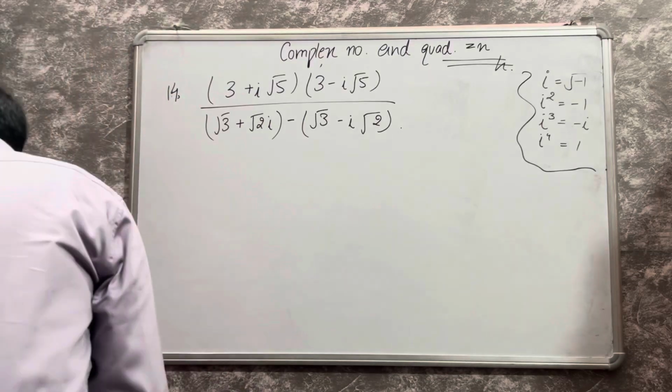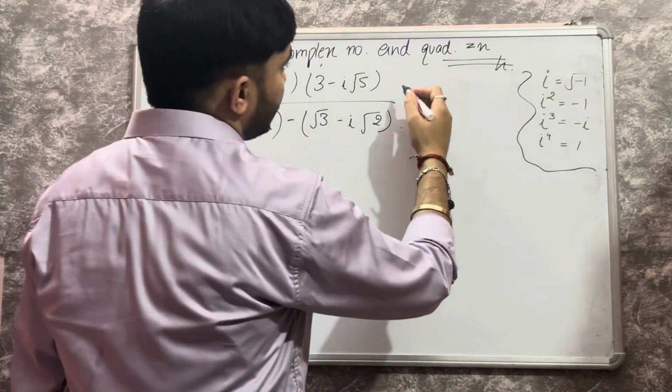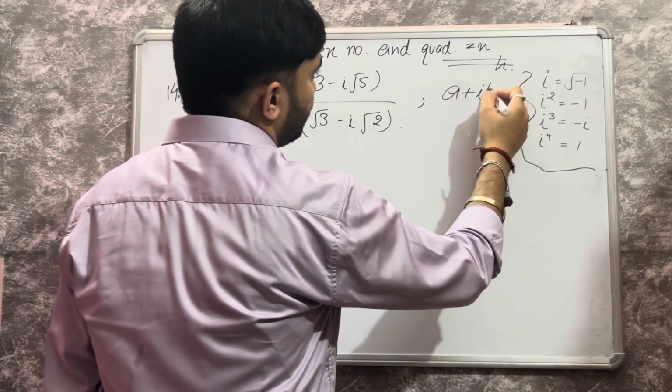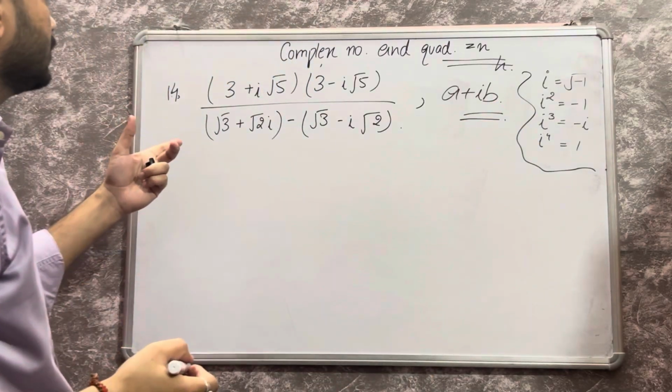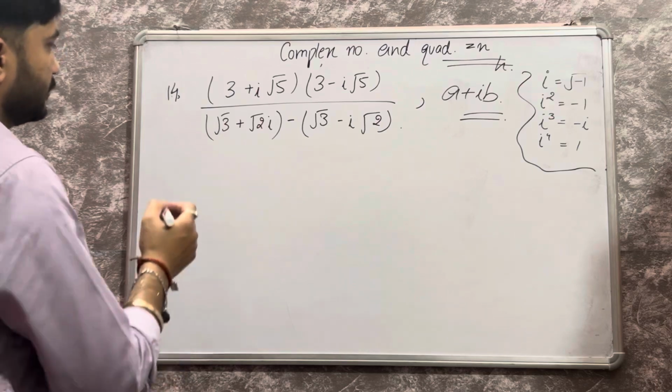And we have to solve this question and represent it in the form of a plus iota b, just like the first 10 questions we have done in our previous video and this video as well.